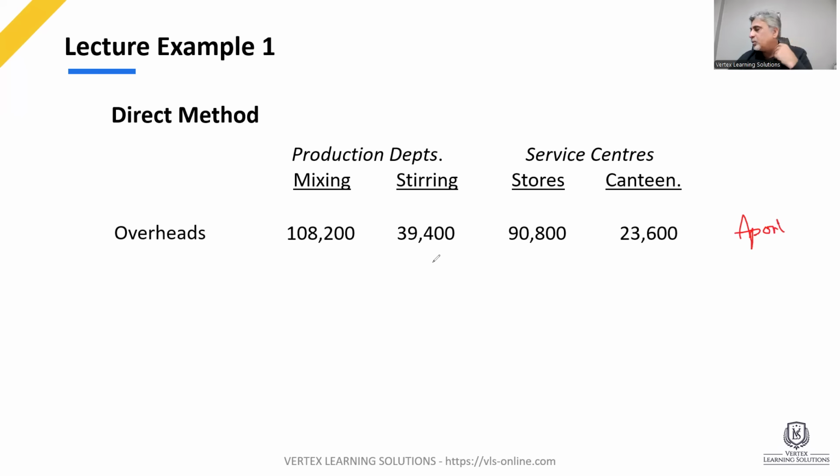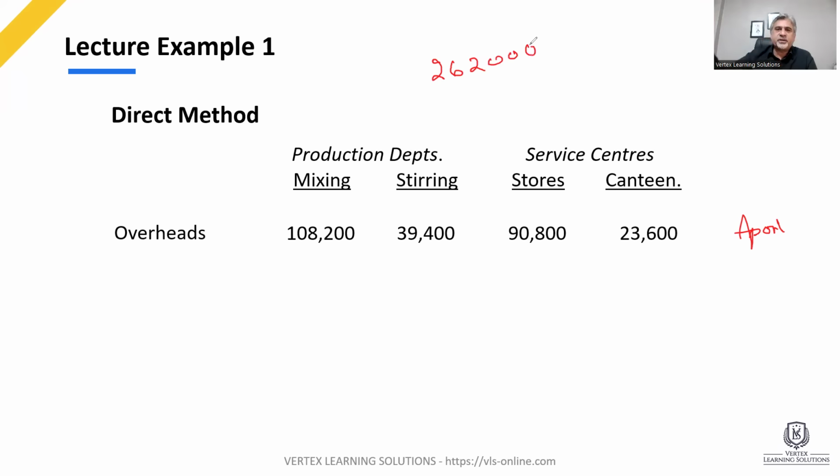When you had total overheads, let's suppose that my total overheads were 262,000.